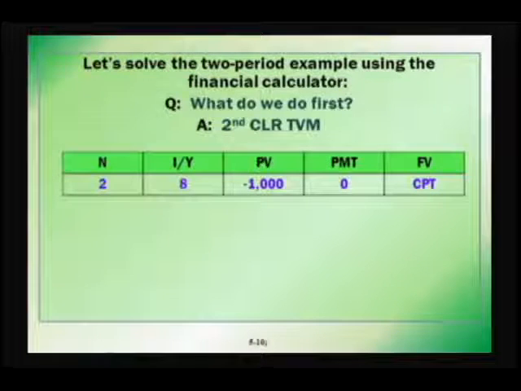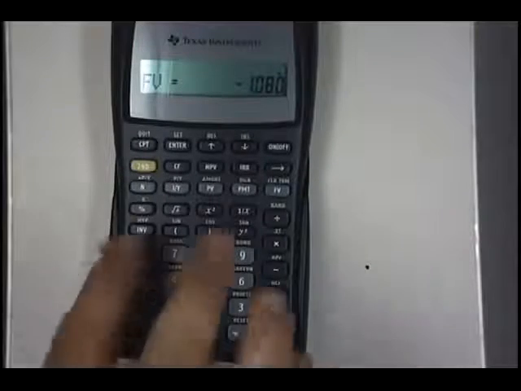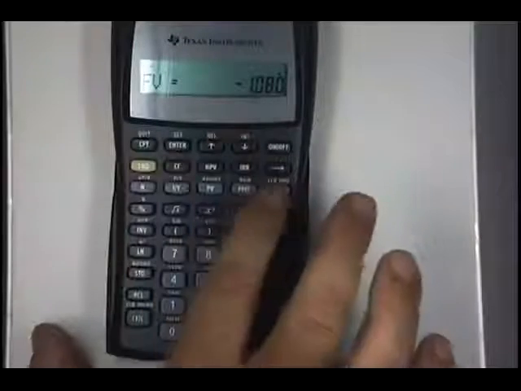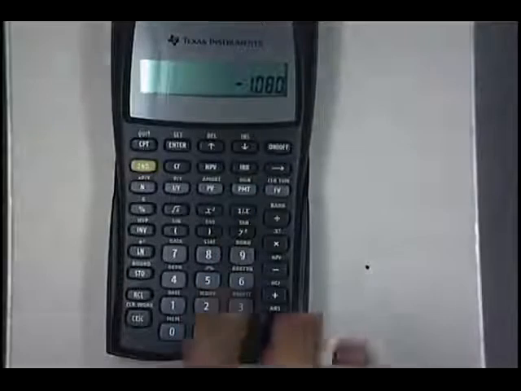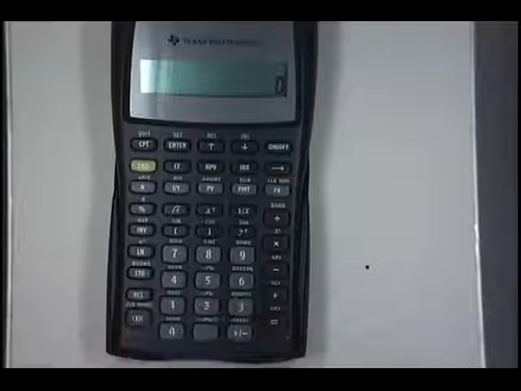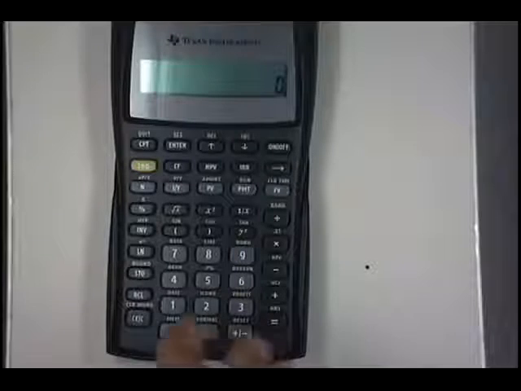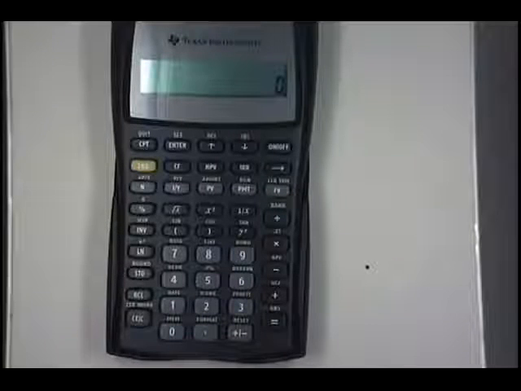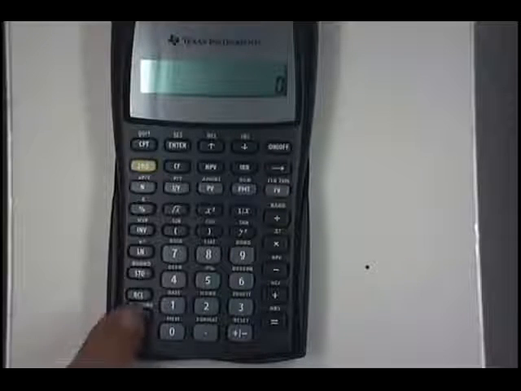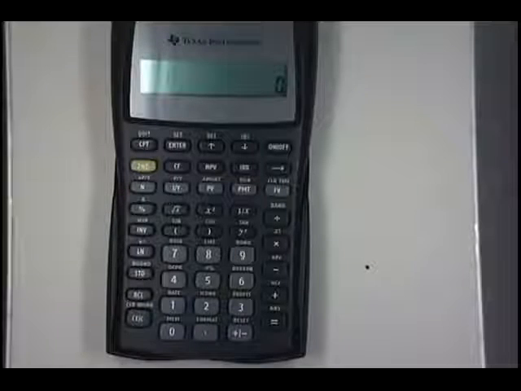My present value is still 1,000, and we'll compute a future value. So the first thing I do, second, clear time value of money. Everything is cleared. Notice after I hit clear time value of money, it still left a number up there. I press the clear button to get rid of that last number.